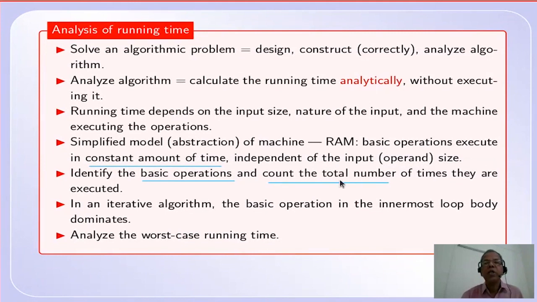After we have counted the total number of times the basic operations are executed, we will approximate it by an order of growth or growth rate. If the algorithm has a best case, average case, and worst case running time, then most often we are interested only in the worst case running time.